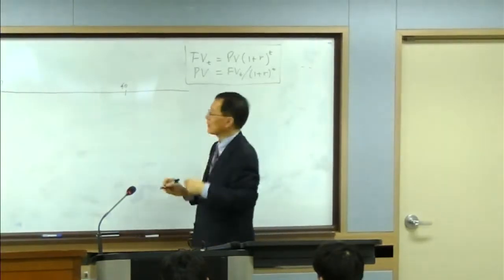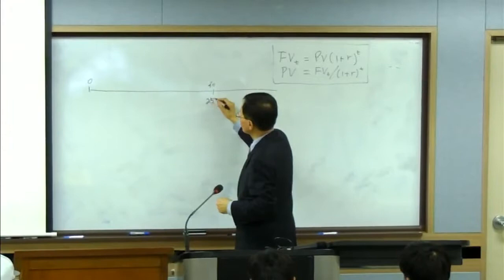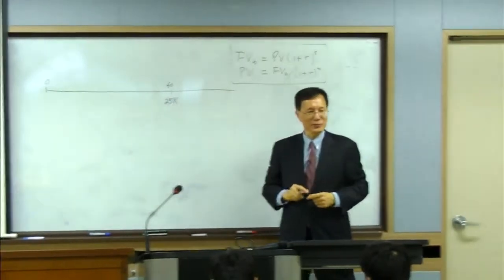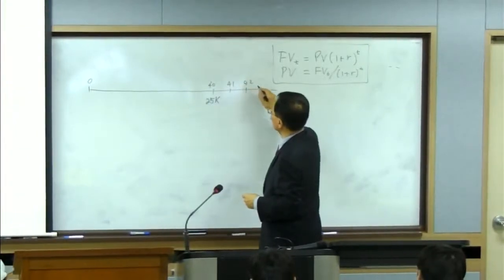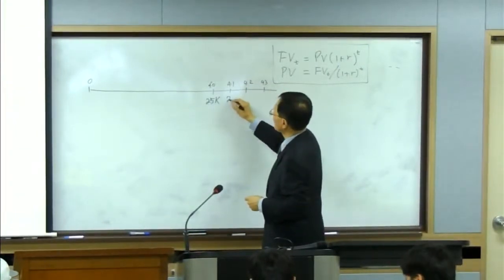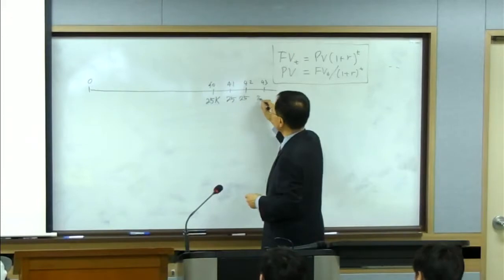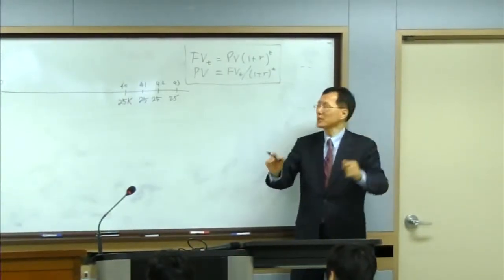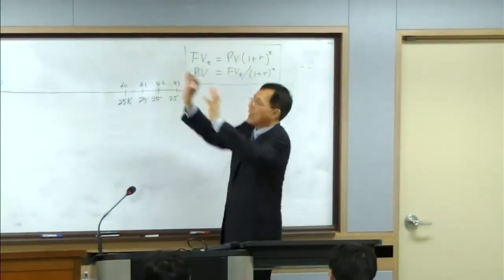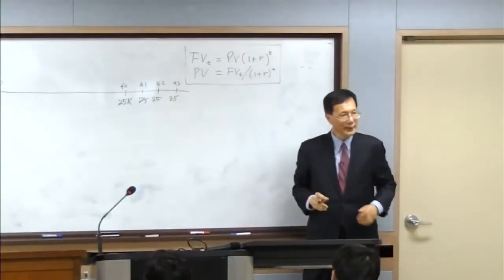And when you retire, you are going to get $25,000 in year 40, 41, 42, 43, and 25, 25, and 25. You are going to get these cash flows way into the future, right?